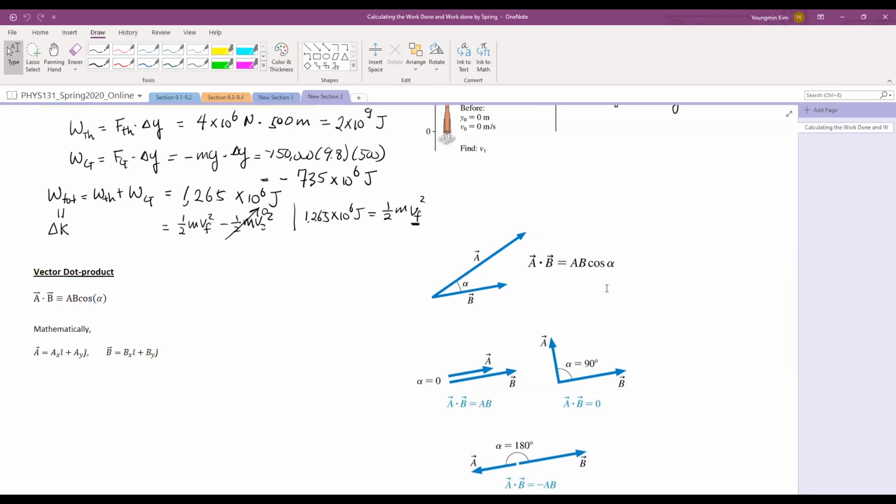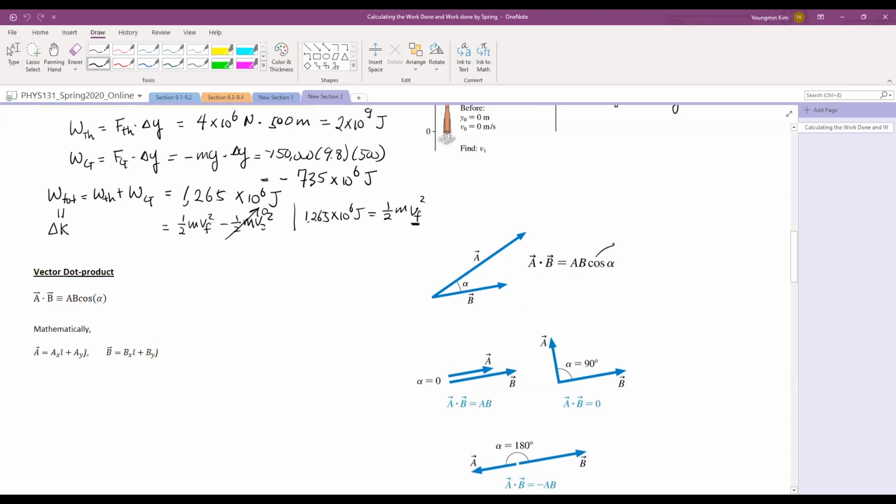Okay, so the input is you're dealing with two vectors. The result, the output, is a scalar because A and B are the magnitudes of vectors A and B respectively, and cosine alpha is also a scalar. So as a result of a dot product, you start with two vectors and you end up with a scalar. Okay, so that's very important.